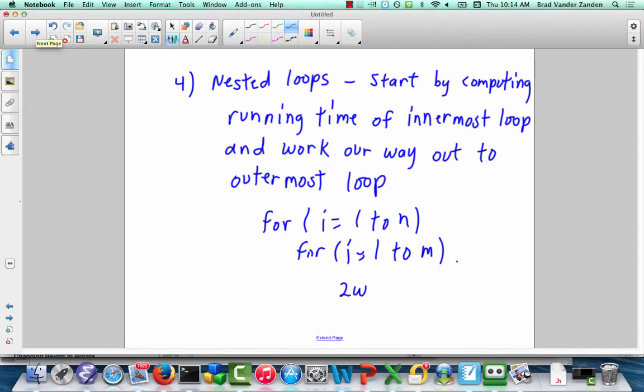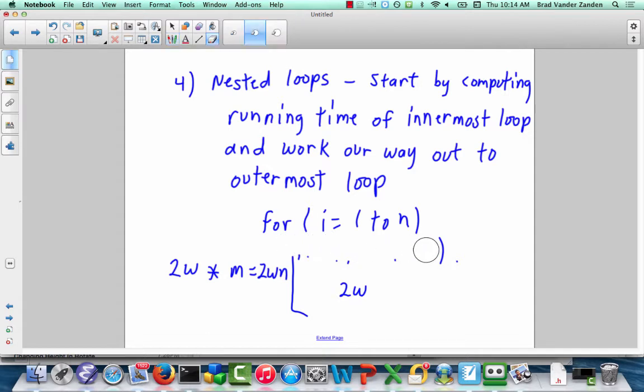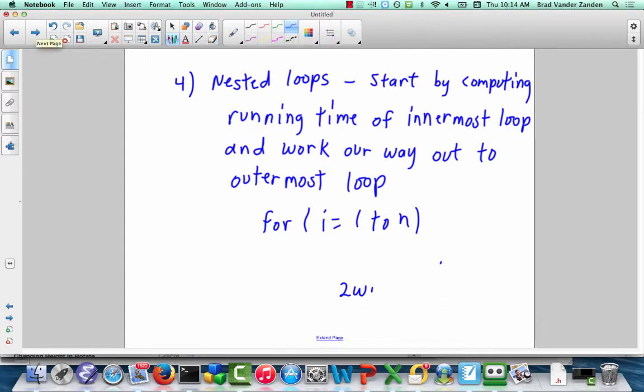Now we can compute what this loop is. Well, it runs m times. Each iteration takes 2 times w instructions. It runs m iterations, so that's 2 times wm. So now we replace this loop, and it is 2 times wm.